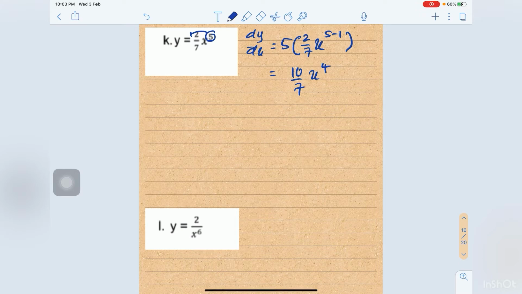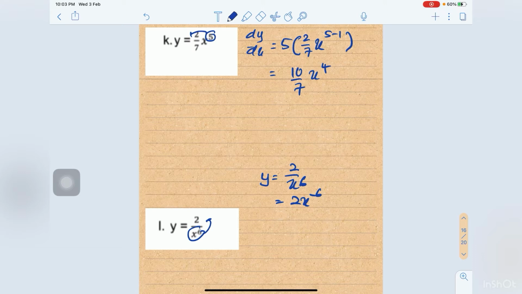Next question, L. y equals 2 over x^6. To differentiate, we have to make sure that the variable is at the top, so we have to move it up first. Here we have y equals 2 over x^6, so we move it up and it becomes 2x^(-6).